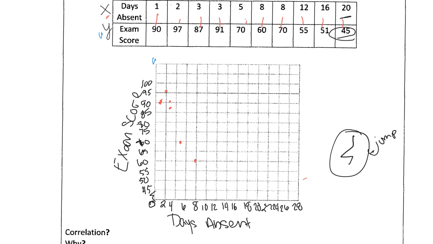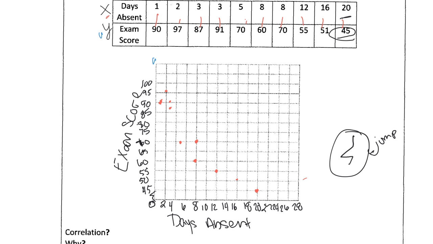So we're just graphing these points as we come across them. 12, 55, 16, 51, 20, and 45. Okay, so we graph those.